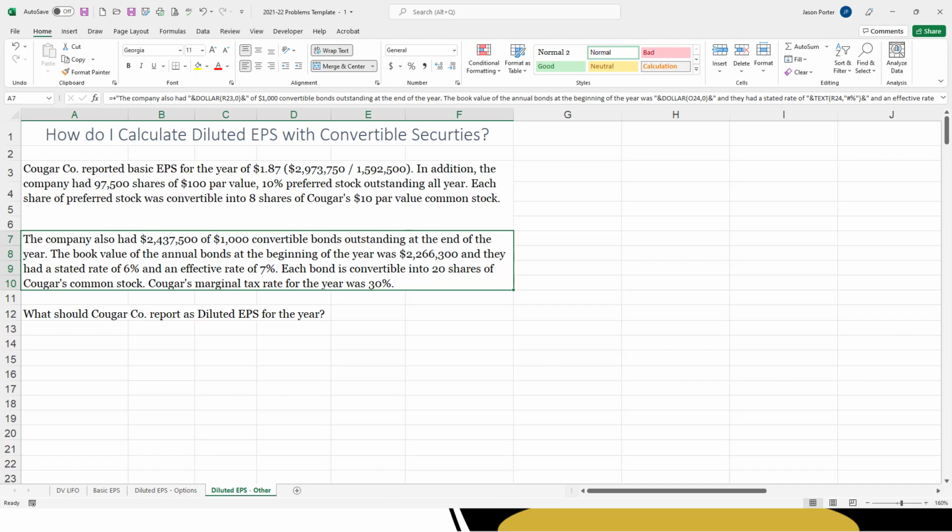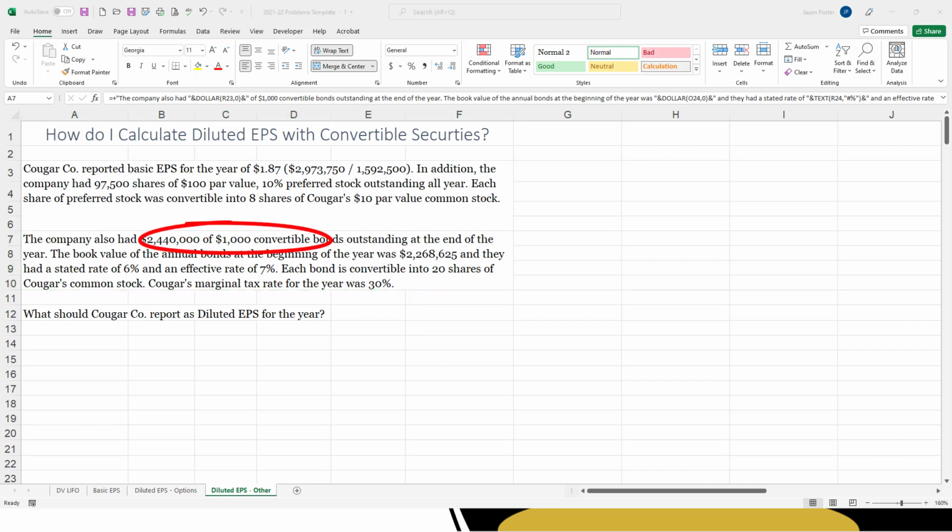for common stock. In addition, they had $2,440,000 worth of $1,000 convertible bonds that were outstanding at the end of the year. The book value of these annual bonds, meaning they pay interest once a year, at the beginning of the year was $2,268,625.